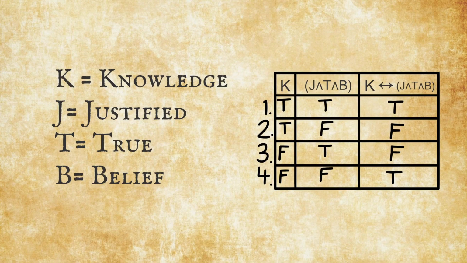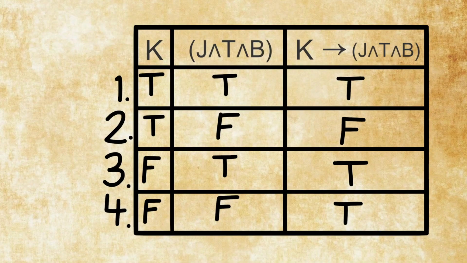So, K if and only if J and T and B. Now, if I would say instead, if K, then J and T and B, and we look at the truth table, here in the third scenario, that will make the whole sentence true, even though K is false, that I have knowledge, but J and T and B is true, that I have a justified true belief. But that's not what we want, right?